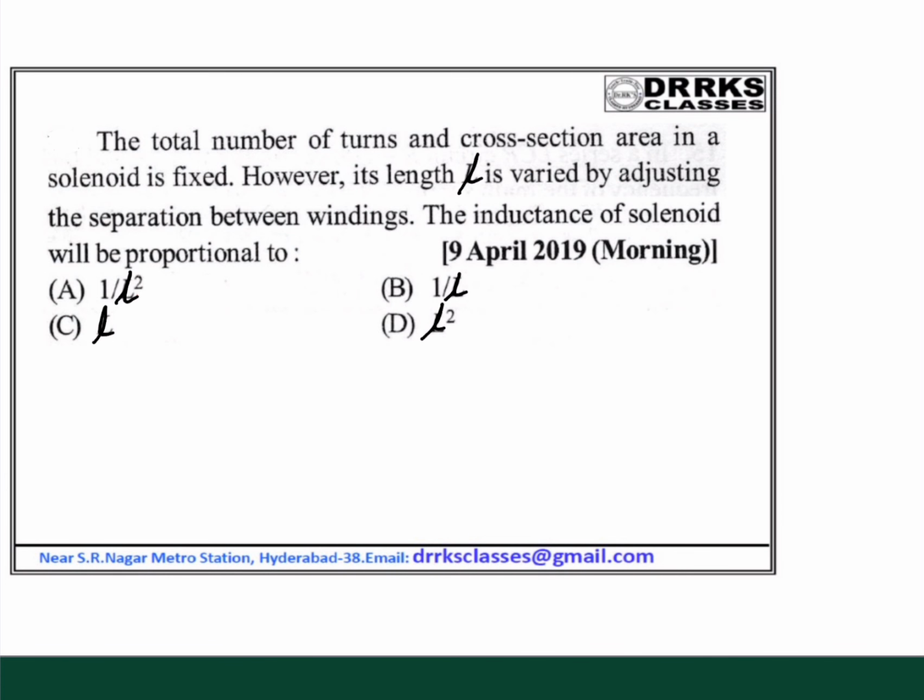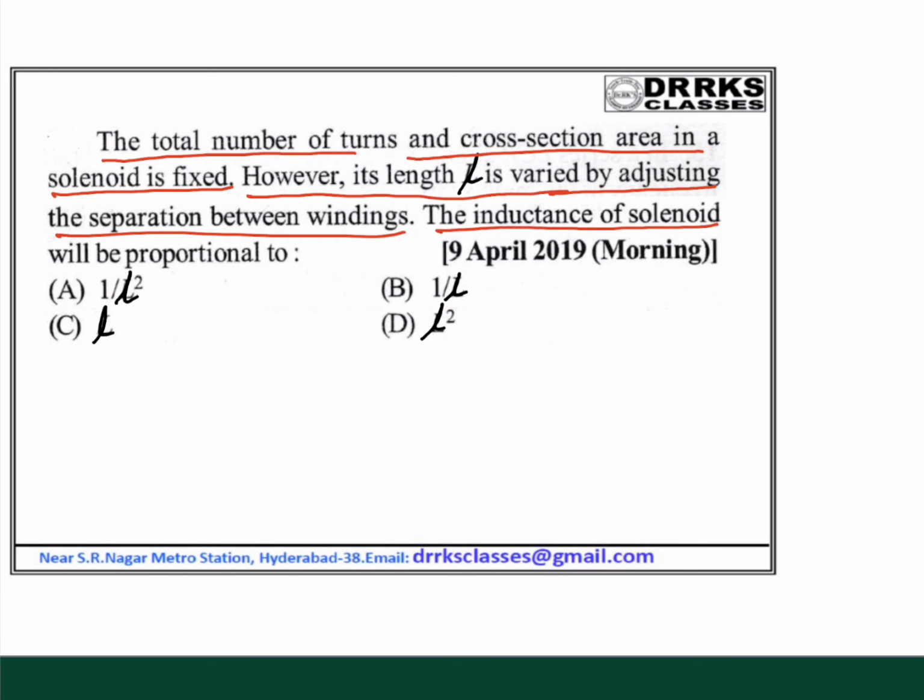Look at this one. The total number of turns and cross section area of a solenoid is fixed. However, its length is varied by adjusting the separation between the windings. The self-inductance of the solenoid will be proportional to what?